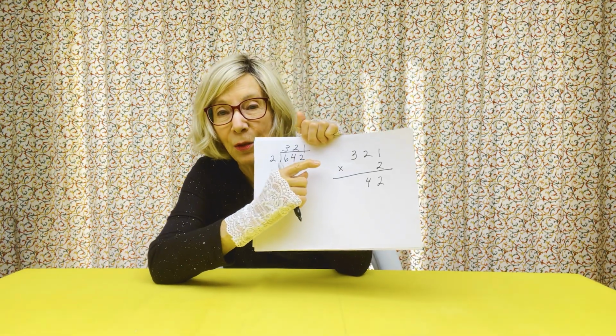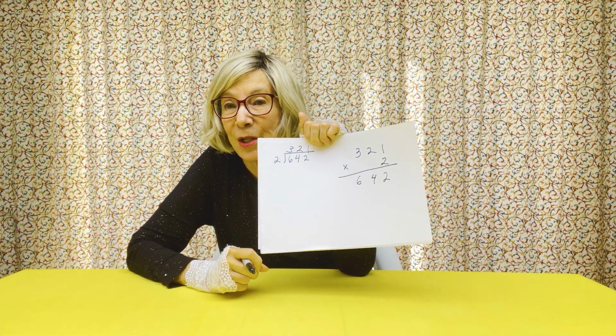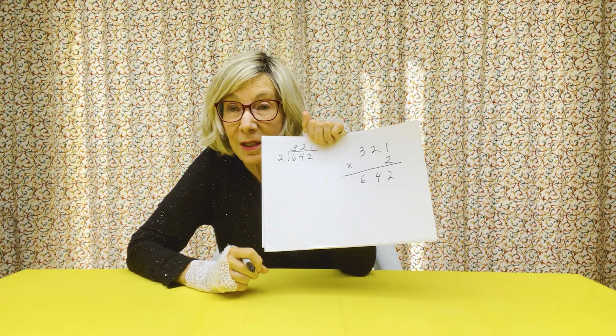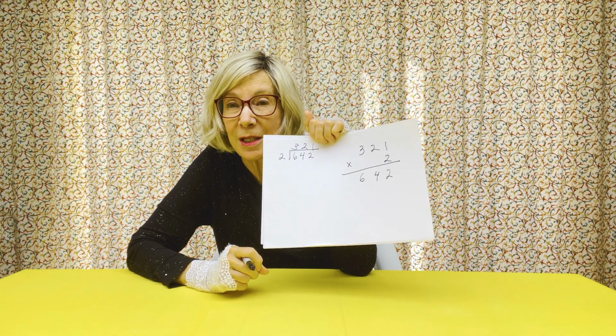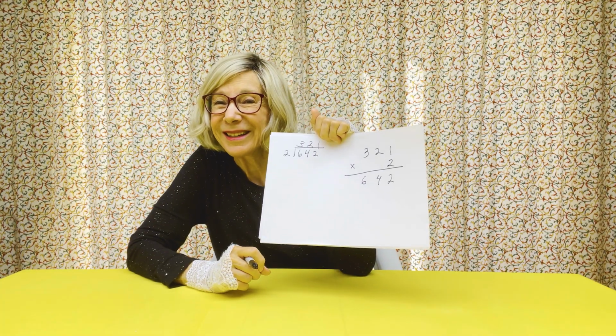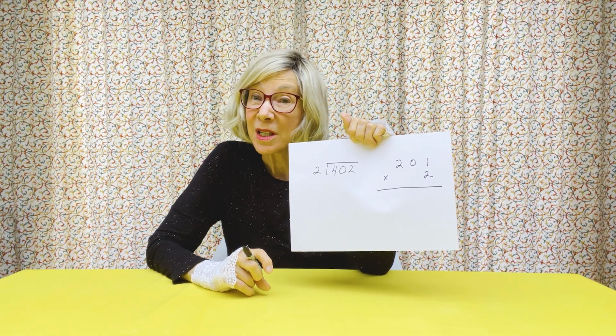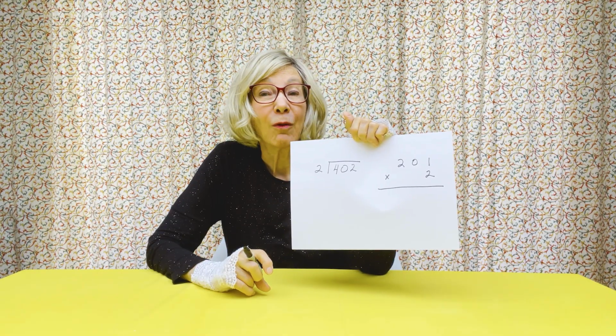And I've taken 3, where's my 3? 3, 2 times is 6. And that's what I started with. And you solved it by doing shortcut division because you know your times tables. Good job. Bye.